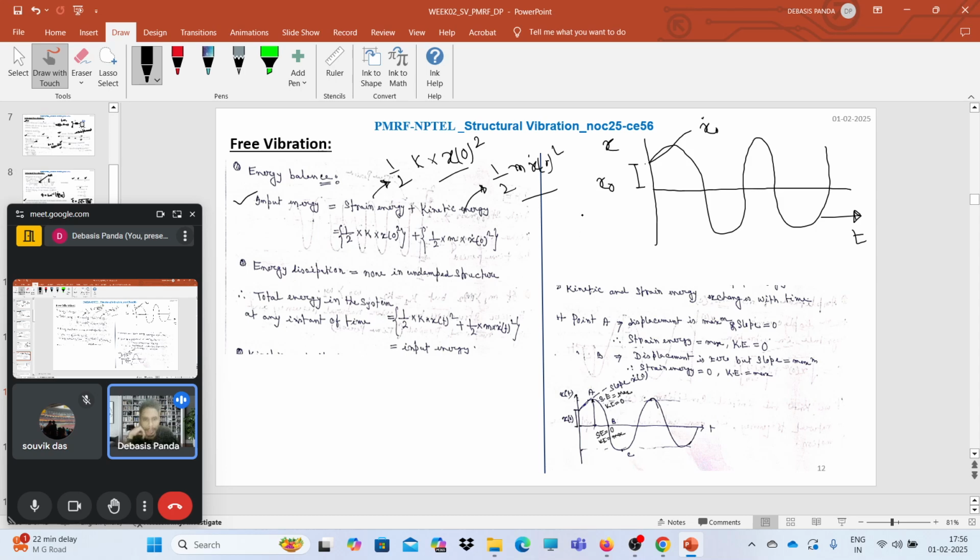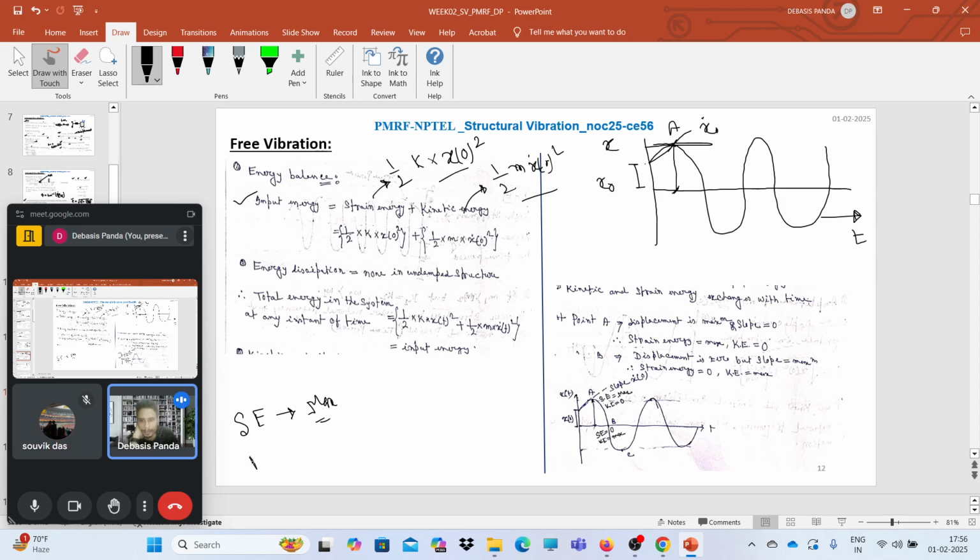Now see how this gets balanced. Say I am considering a point A. At point A, the amplitude of the vibration is maximum, so the strain energy will be maximum. But here the slope is 0, which means the velocity of this point is 0.